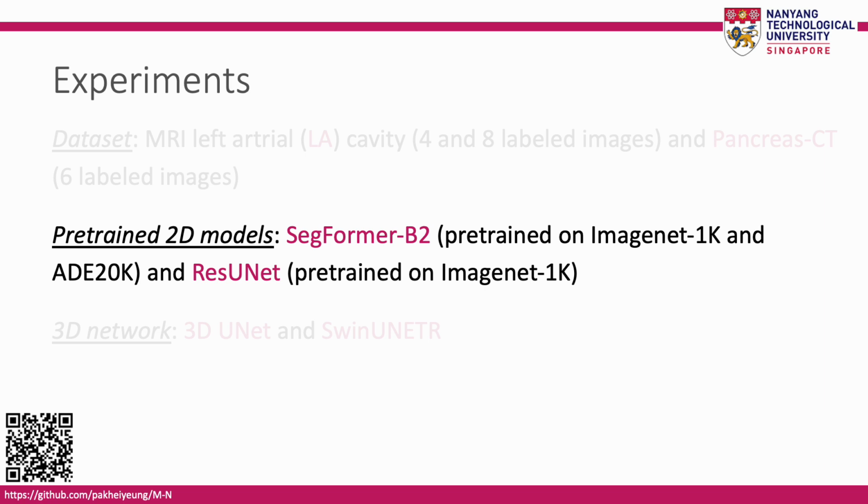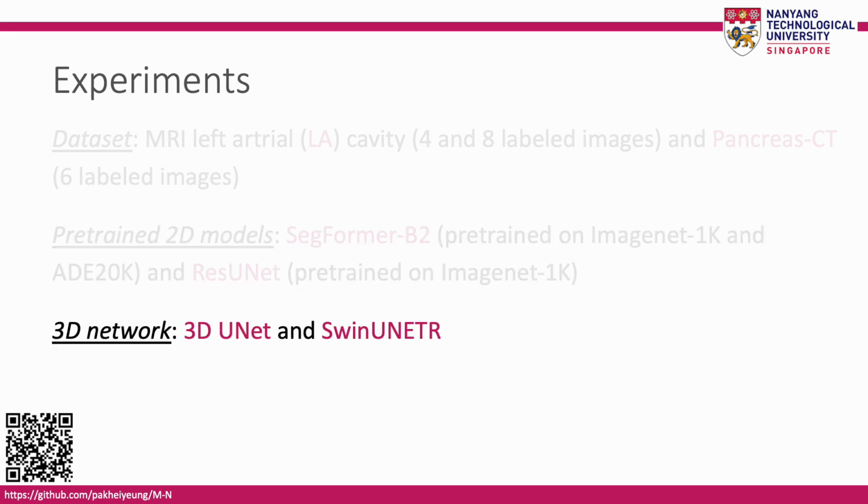To test the model-agnostic nature of our approach, we tested on a pre-trained SegFormer, which is a transformer-based model, and a pre-trained ResUNet, which is a convolutional neural network. Similarly, for the 3D network, we tested on 3D-UNet and Swin UNETR to make sure that our approach works on both CNN-based as well as transformer-based networks.